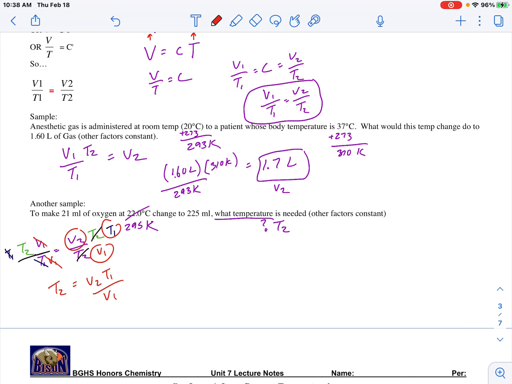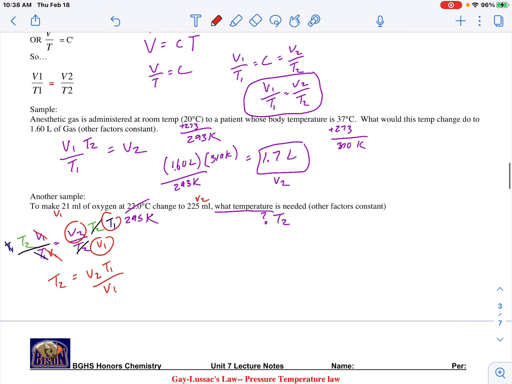Now that I have my equation set up correctly, we plug in what we know. So V2, the new volume. All right, so which one was the new volume? V2, that was the new volume, this was the old volume. So 225 milliliters times the first temperature, 295 Kelvin, over the first volume, which was 21.